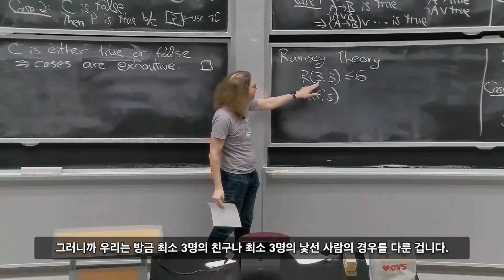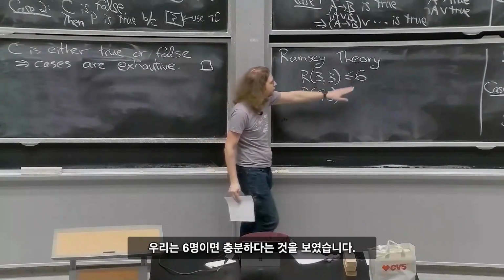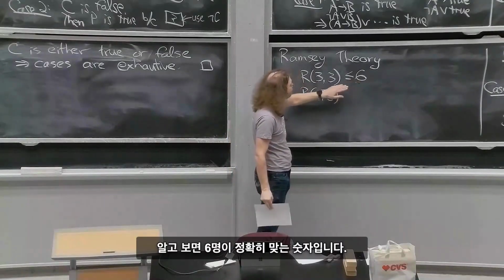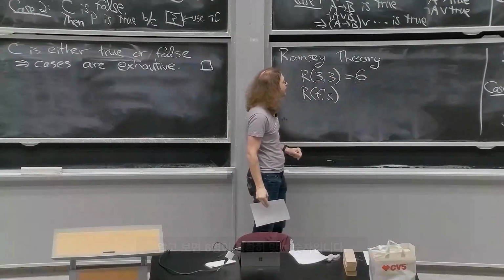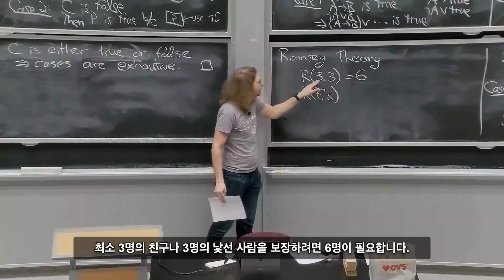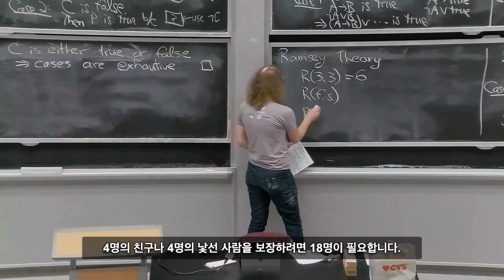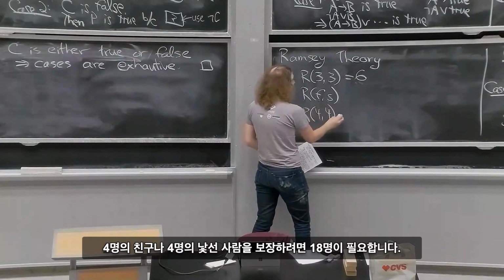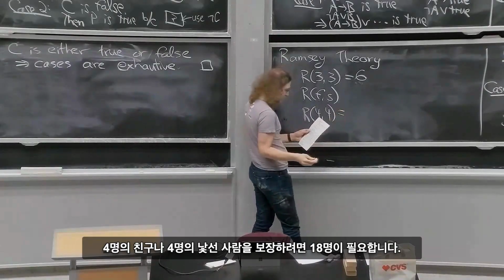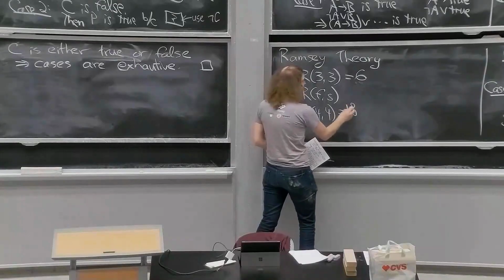So we just did at least 3 friends or at least 3 strangers. We showed that 6 people was enough. It turns out 6 people is exactly the right number. You need 6 people in order to guarantee at least 3 friends or 3 strangers. If you wanted to guarantee 4 friends or 4 strangers, turns out you need 18 people.